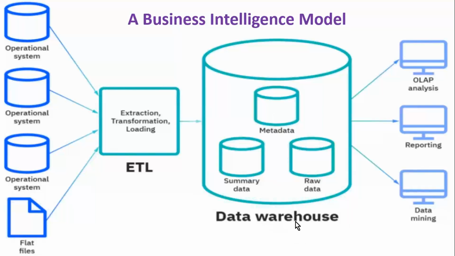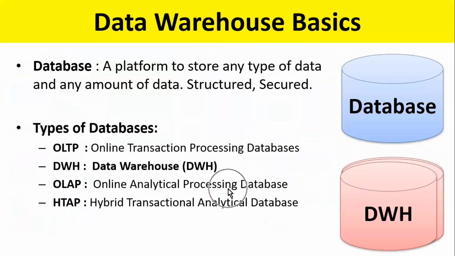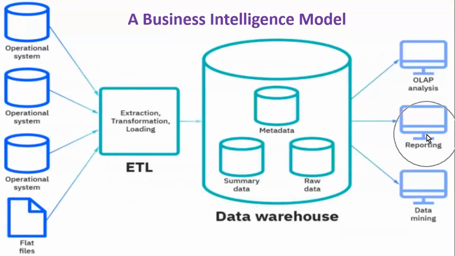So a warehouse contains raw data, metadata, aggregation data, also called summary data. What is that? Aggregation data. This warehouse will be the input for next level analytics like OLAP, Online Analytical Processing Database, or it can be for reporting, data mining, mixing everything together.